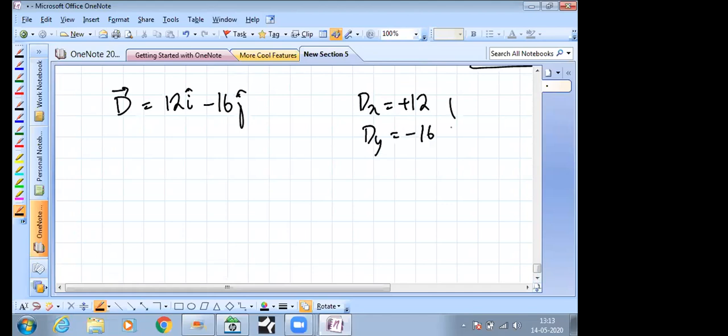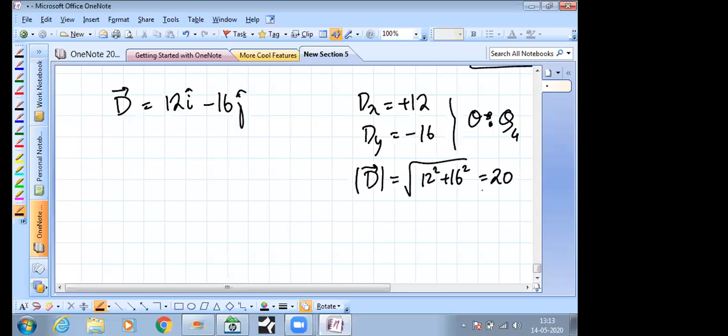So that means theta is in quadrant 4, and the magnitude of the vector D is square root of 12 square plus 16 square. So that is 20. So tan theta is minus of 16 by 12, or minus 4 by 3. Okay. Now you use the quadrant 4 formula.